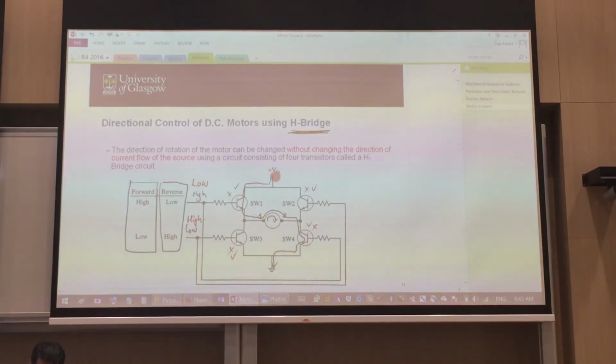So your VCC now will flow. It wouldn't flow this side because it's a broken circuit. Go down that way, then go down there, in this direction. So you can see now that your motor will rotate the opposite.